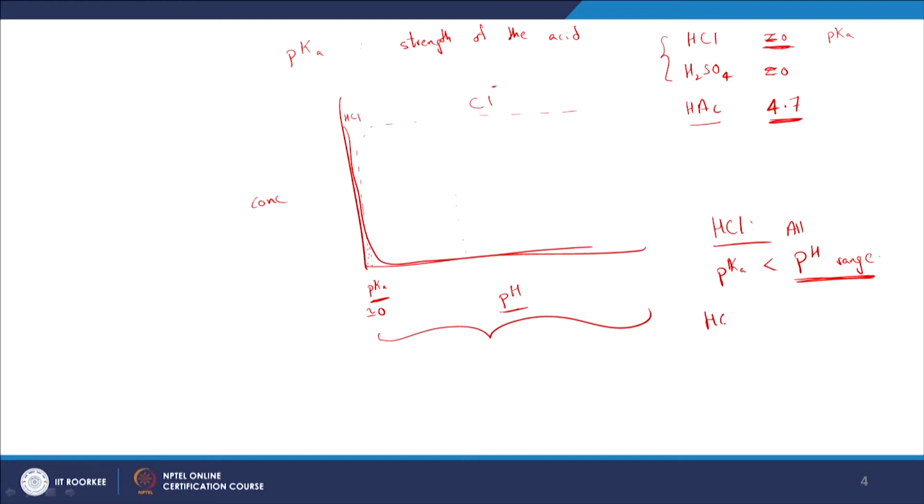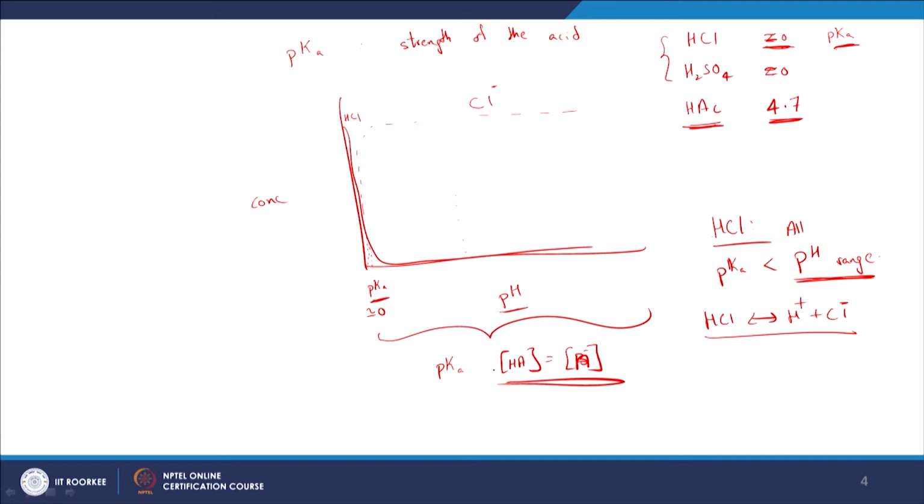So, HCl will always end up donating its proton, which is not the case with the other acids, especially like acetic acid or arsenic acid and so on, which we looked at. So, again pKa will give you an idea about the strength of the acid, and this is what we just discussed. And at pKa we have conjugate acid and conjugate base at equal concentrations, right.